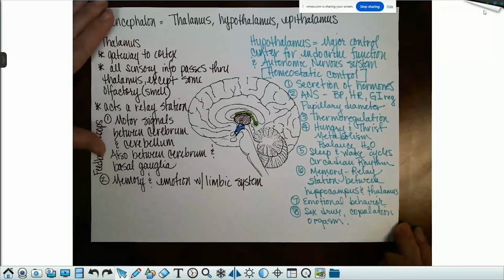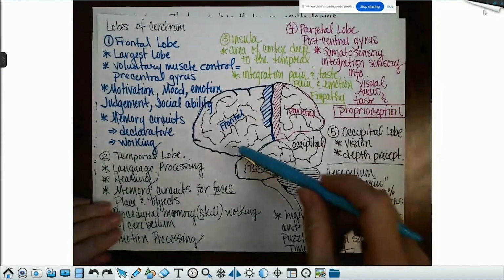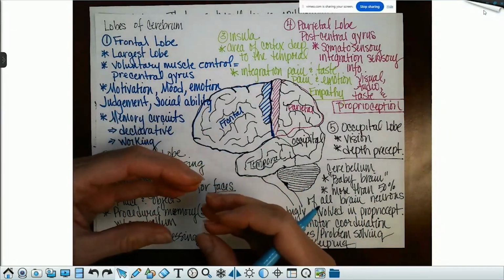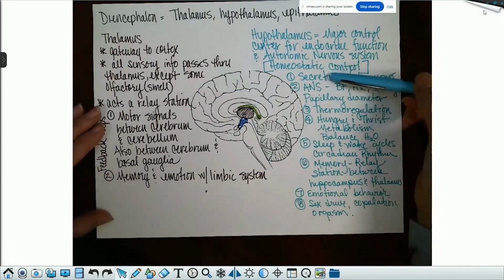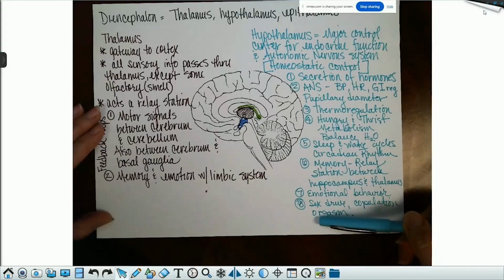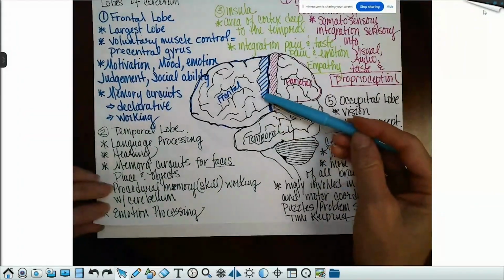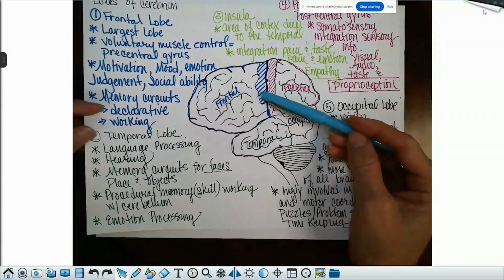What does that mean? It means that a person can survive without these lobes. If they had just that deep-seated portion of the brain, because that is going to take care of all of these things. However, this part of the brain allows for motor movement so that you can go after that food, so that you can go after that mate.